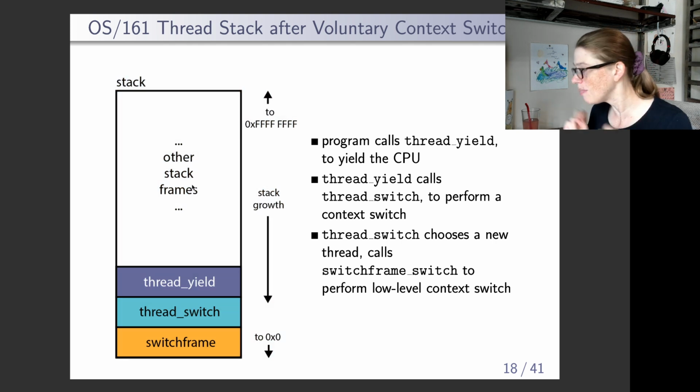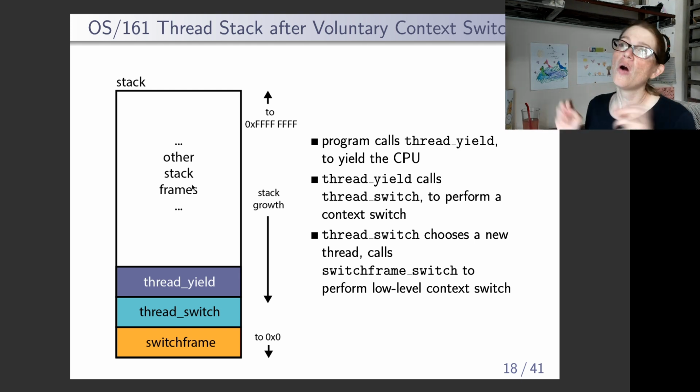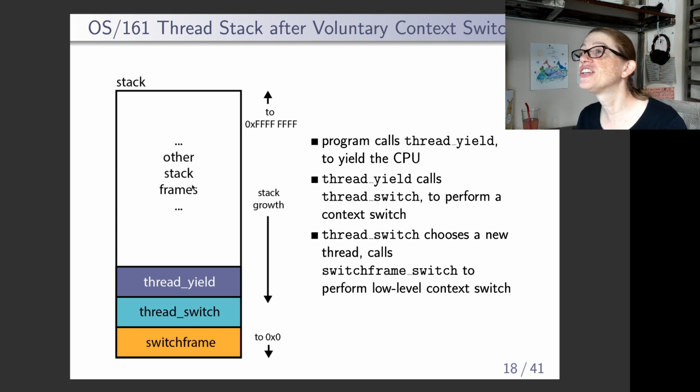So this would be, I don't know, maybe it was adding some numbers together, or maybe it was trying to figure out what thing you clicked on the screen. And then you called thread yield. So then we have thread yield on the stack. Thread yield calls thread switch, and thread switch is going to call switch frame. So this is what our stack would look like.